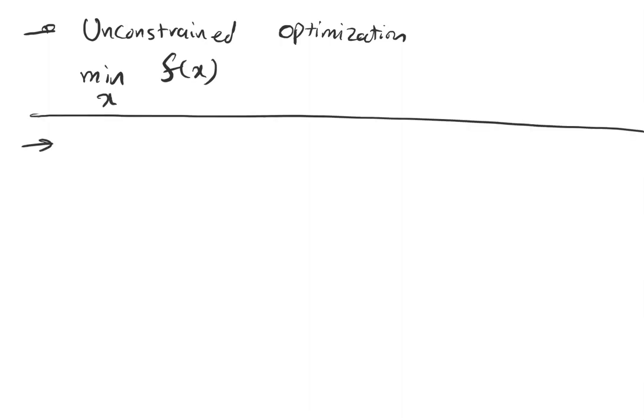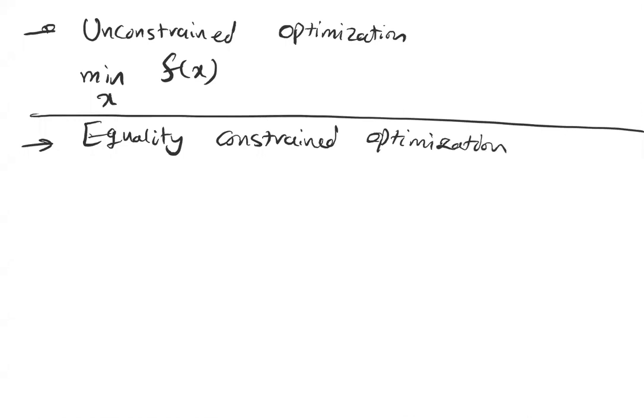Then we talked about equality constraint optimization problem, which is minimizing a function like f of x subject to g of x is equal to 0.